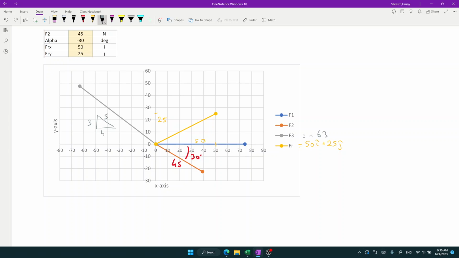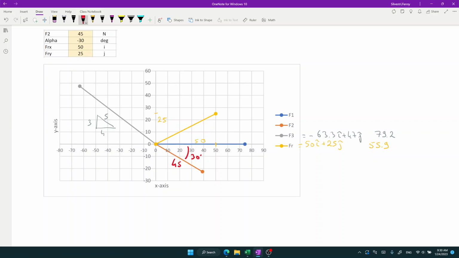The answers I get for F3 is minus 63.3 i-hat plus 47 j-hat, and the magnitude is 79.2. The magnitude of FR is 55.9.